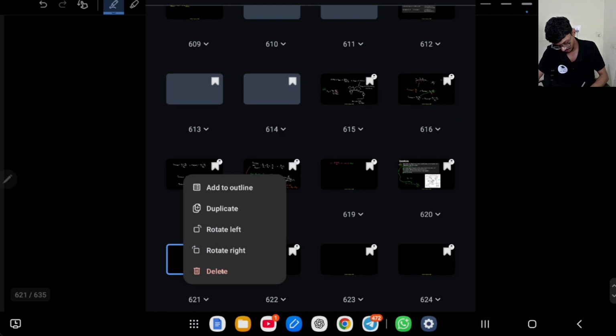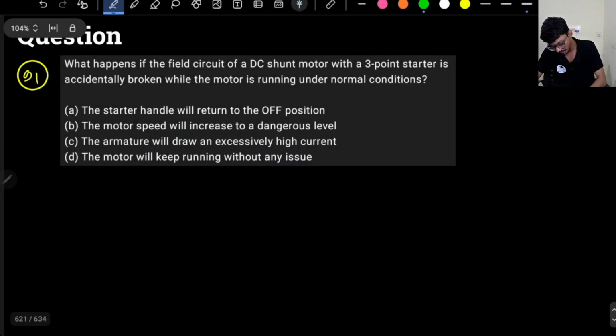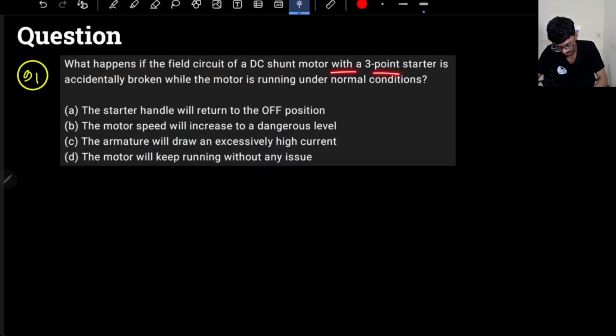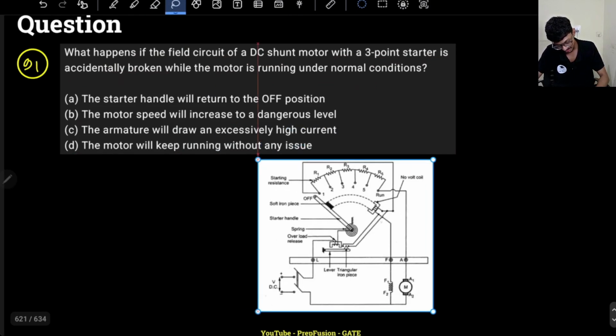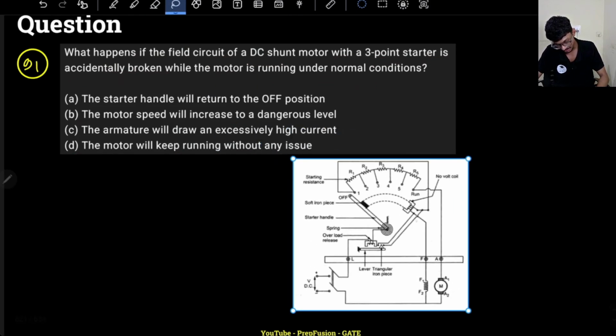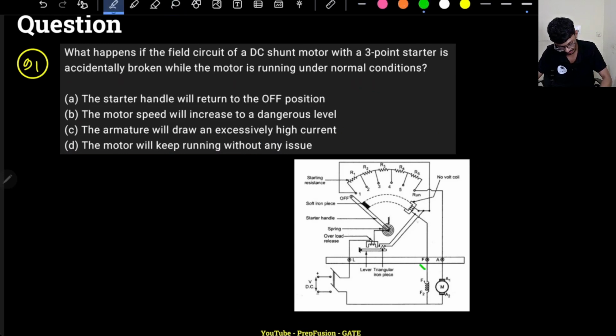Okay. Now let's solve the next question. What happens if the field circuit of a DC shunt motor with a 3-point starter is accidentally broken while the motor is running in normal condition? If the field circuit is accidentally broken, there will not be any current through the field circuit.